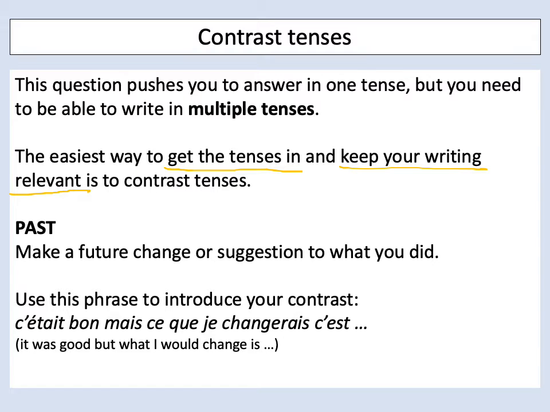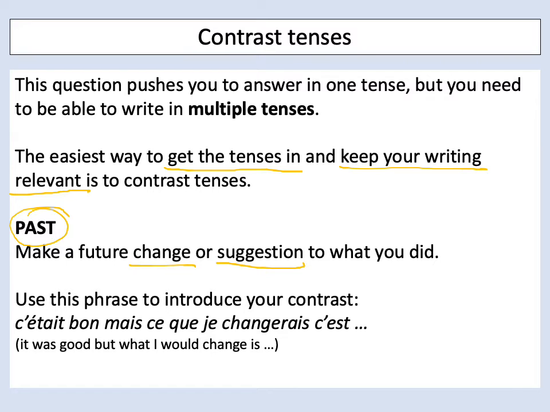So, if you get a past tense bullet point, so something you've done recently or memorable or spécial or something like that, all that you're going to do, and it doesn't have to be for a massive number of words, you are going to suggest a future change or just some kind of suggestion about what you did that would be different in the future if you did that thing again.